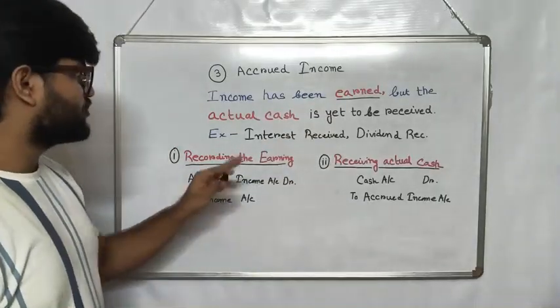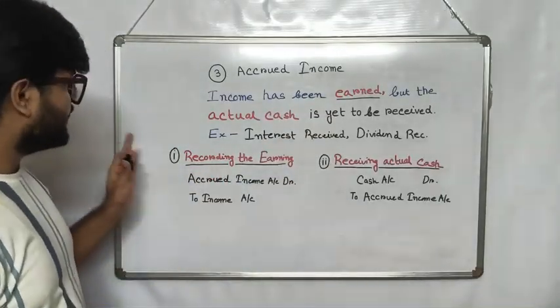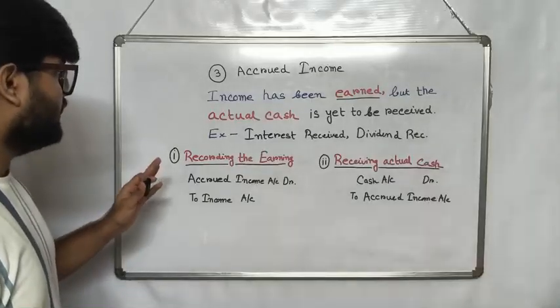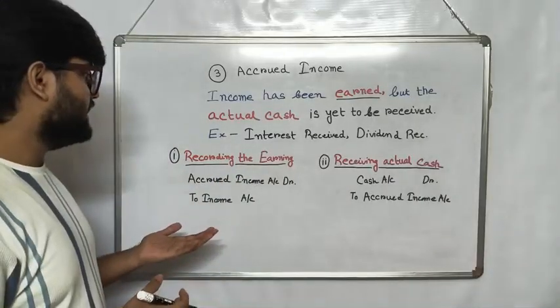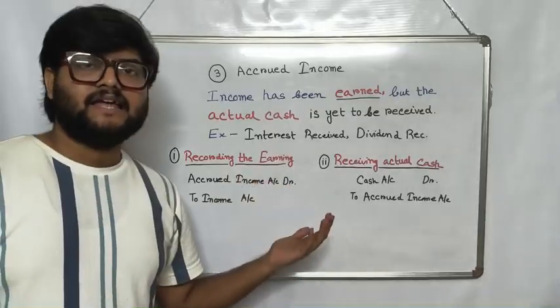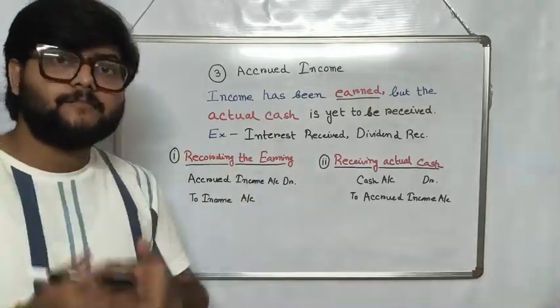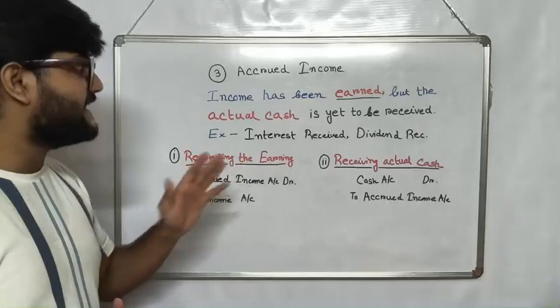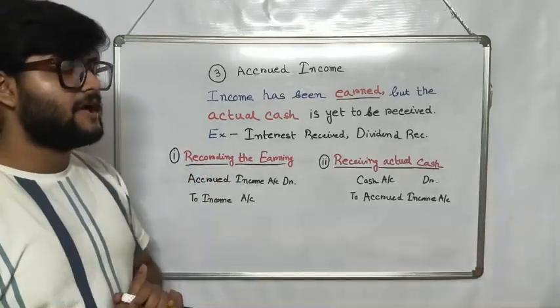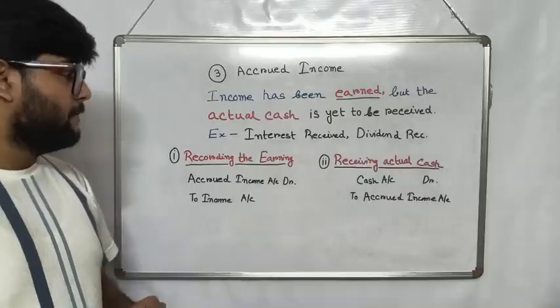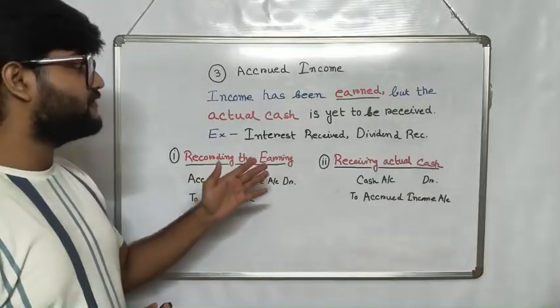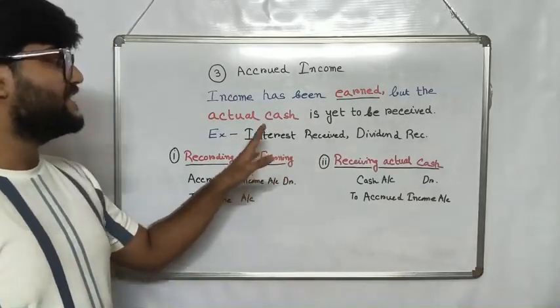Okay, the journal entry in this case, the first journal entry will be the recording of the earning. Now you see, if the earning had actually been received by you in cash, in that case the transaction would have been cash account to income account. But the fact that you have not received it in cash would change the scenario.